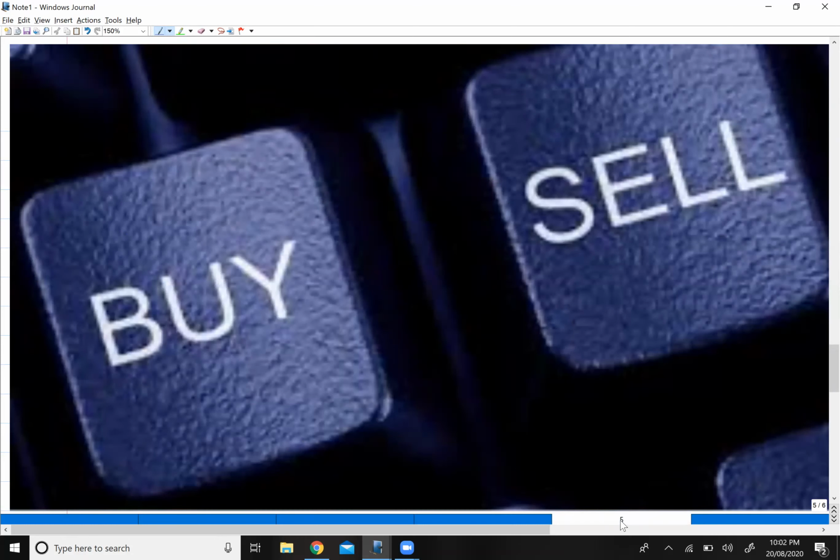So, if you click on the buying tab, it will ask you which company's shares you want to buy. Next, it will ask for the quantity, that is, how many shares you are willing to buy. Then after that, it will ask the price at which you're willing to buy the shares. So if anyone in the whole market is willing to trade at the price that you have quoted, automatically the shares will be transferred into your account.